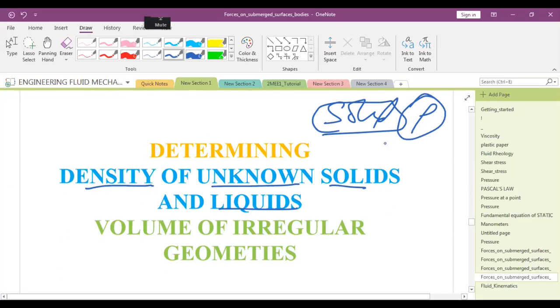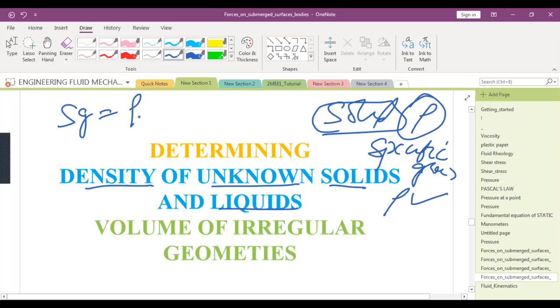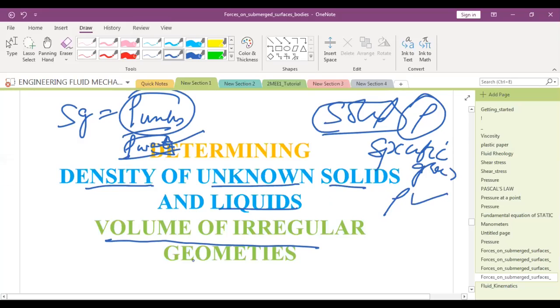Then you can find out the specific gravity of that material. तो specific gravity पता चल गई तो आपको absolute density भी पता चल जाएगी, क्योंकि specific gravity is density of that unknown material upon density of water, and density of water is known to you, so you can find out that density. And moreover, you can find out the volume of irregular geometries.